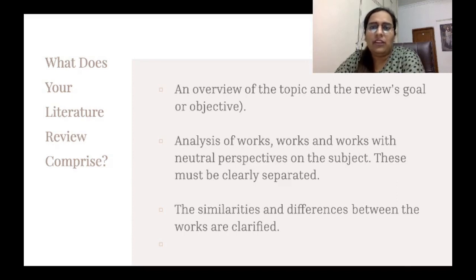Don't mix up the other researchers' work with your predictions. Try to have your own interpretations. Don't copy paste or hold a strict vision about certain topics or the points of view of others. The next thing is that similarities and differences between the works are to be clarified.